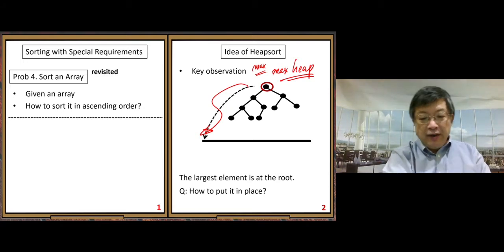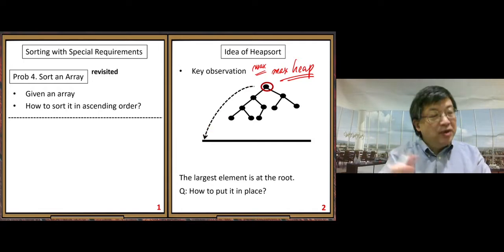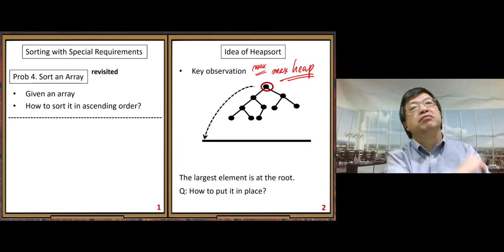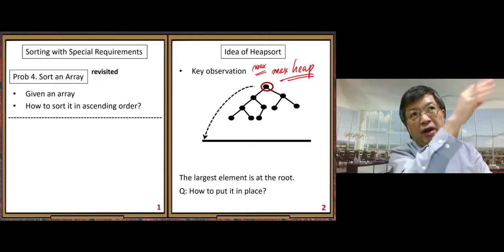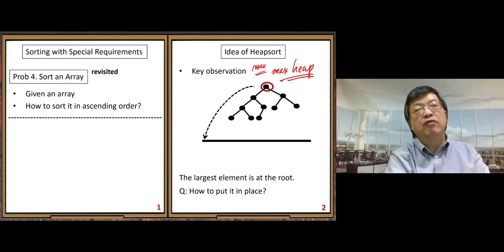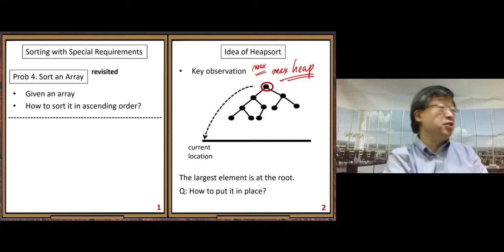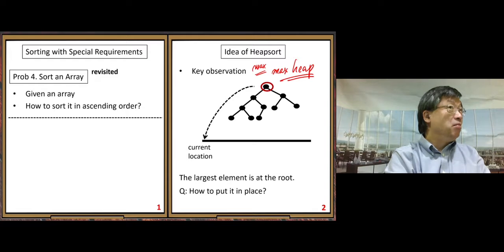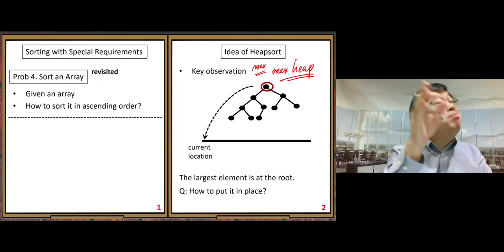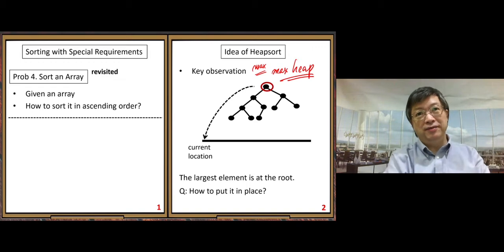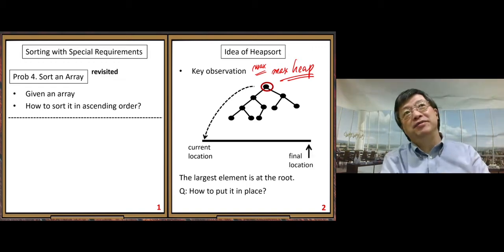Based on the heap structure, the root element is the first element in the array, A of 1, which is its current location. But we want to put it in place. What is its in-place location in the array? The last element in the array.